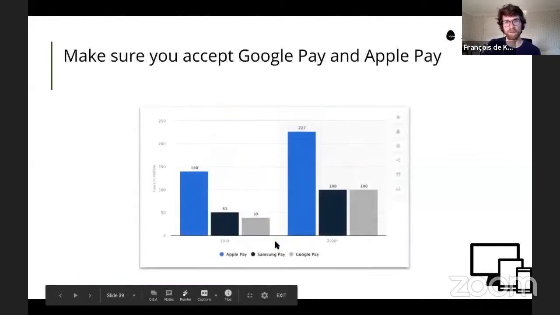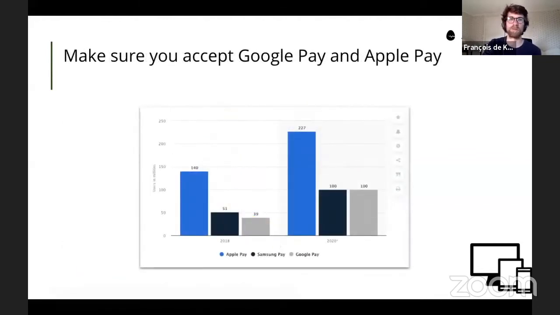And once you check those, make sure you have a good experience and make sure you accept phone payments such as Google Pay or Apple Pay, because now it's almost 500 million people who have this installed on their phone. So if your donor can just click yes instead of keying their credit card, it will have a huge impact.